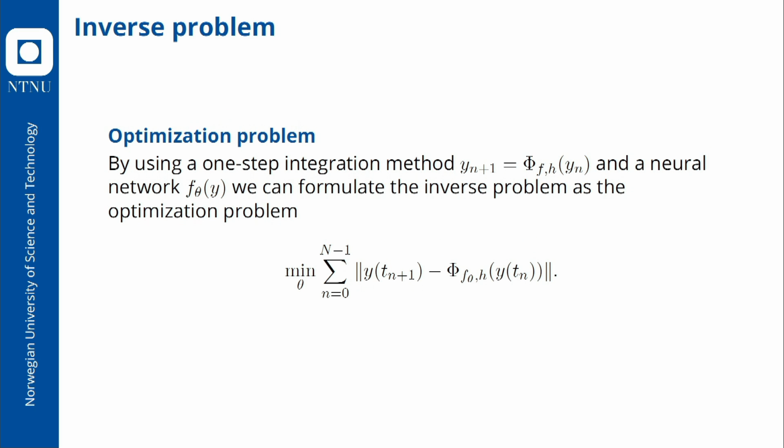And what we end up with, there are many ways to formulate these optimization problems, but we'll consider just taking a step with a numerical method, and we want to adjust the vector field, our Hamiltonian neural network, such that the point that we arrive at is as close as possible to the data that we observe, this y evaluated in t_{n+1}, or the pointwise observation.